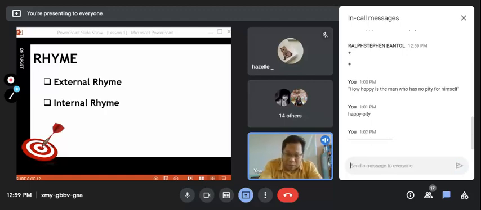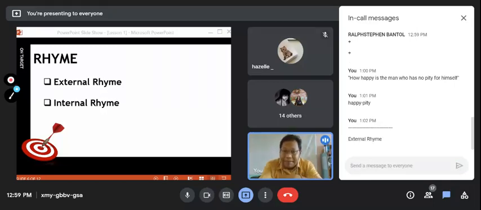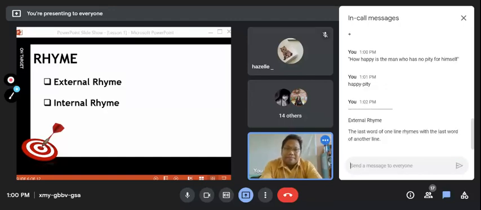How does external rhyme work? External rhyme is the typical kind of rhyme that we expect to see in poetry, where the last word of one line rhymes with the last word of another line.